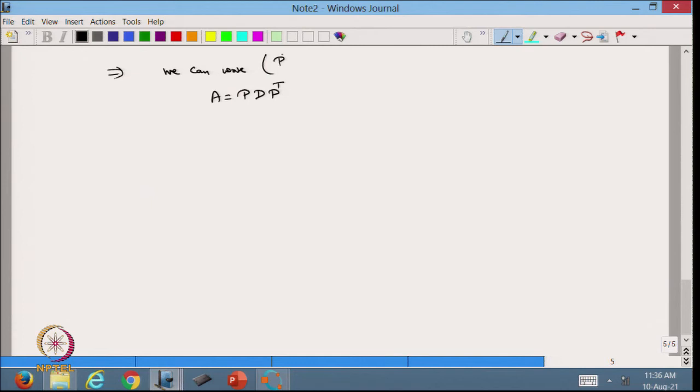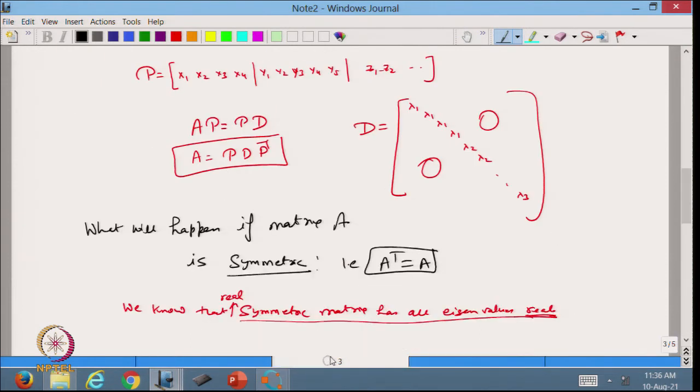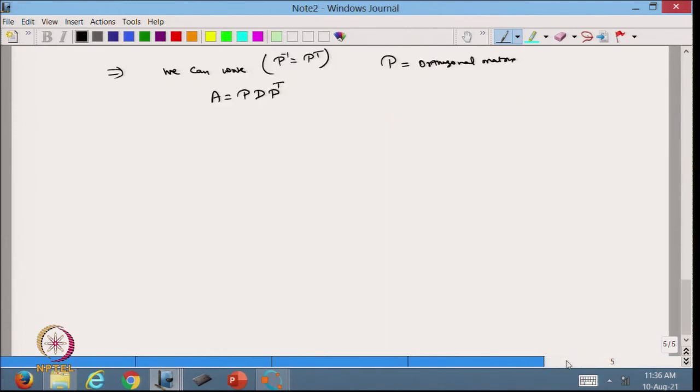So, in that case I will get P inverse equal to P transpose, and the matrix P is an orthogonal matrix. So, from here you can see that this matrix A is diagonalizable, and the corresponding matrix P will be orthogonal.